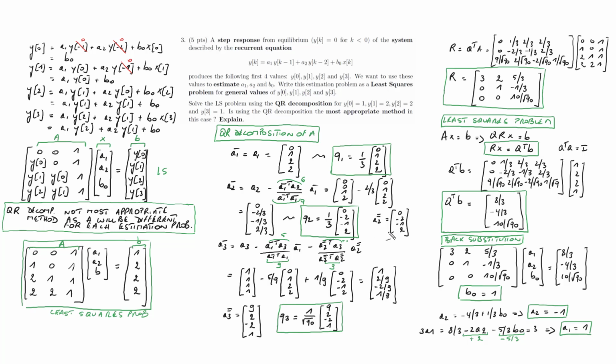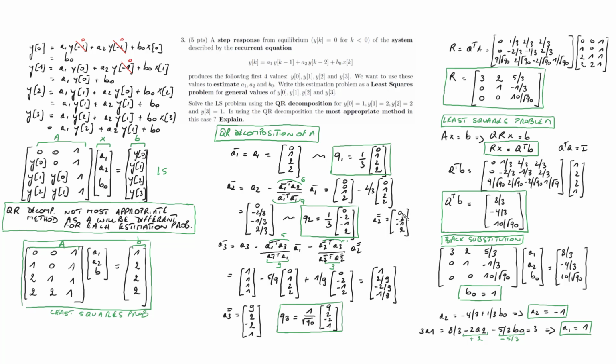right? In this computation, what matters is removing the projection of the third column on the second vector, right? And since we normalize afterwards, it doesn't matter if you work with this vector or with this one, right?